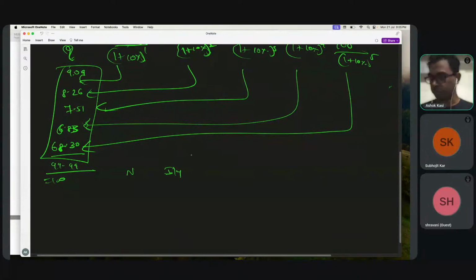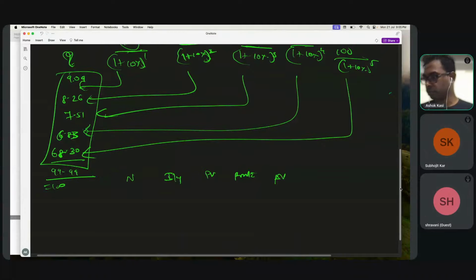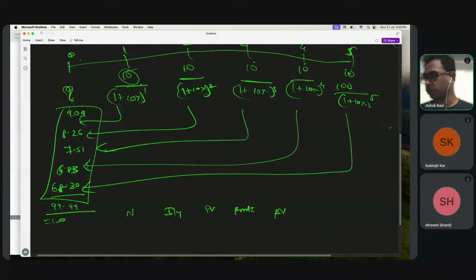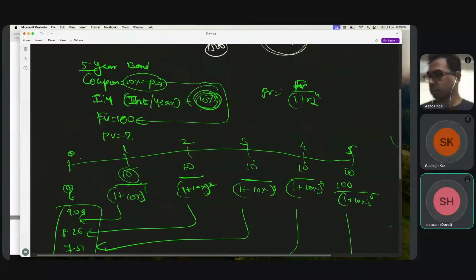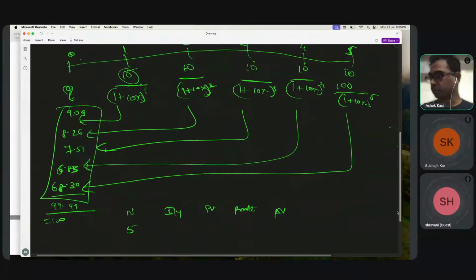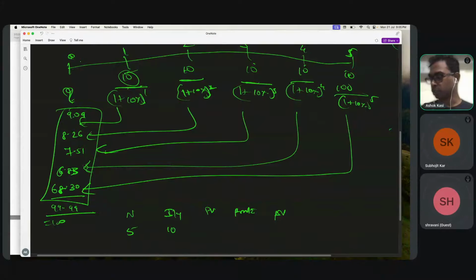This is the TVM function in the calculator. In the third row of the calculator, N, IY, present value, payment, future value are mentioned. So first N is 5, the number of compounding periods, 1, 2, 3, 4, 5. So type 5 and then N. IY is 10 percentage, but type only 10, because the system knows it is percentage.